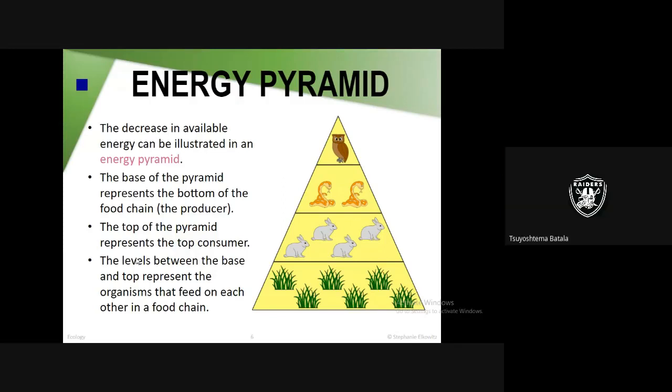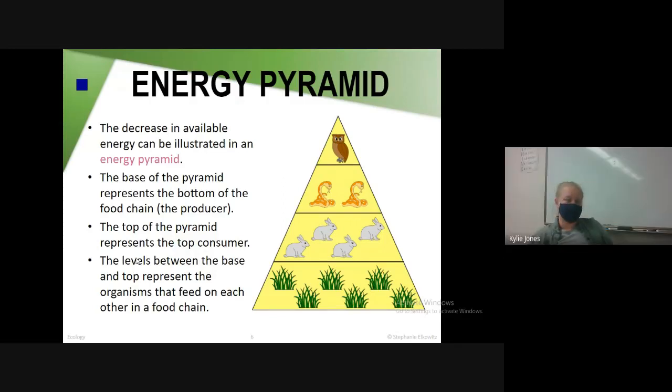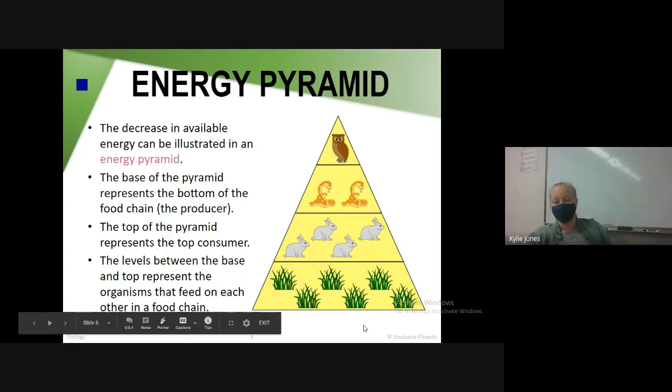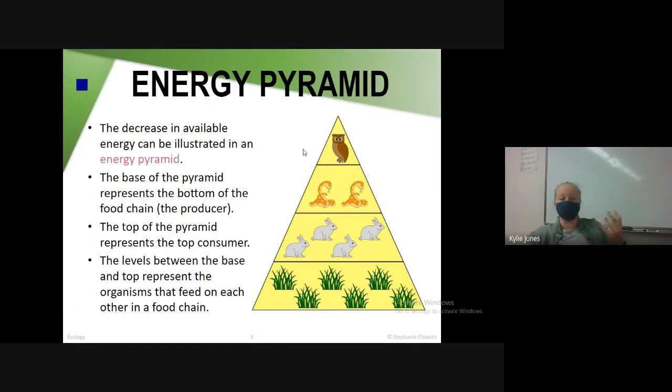All right. Okay. The energy pyramid. The decrease in available energy can be illustrated in an energy pyramid. The base of the pyramid represents the bottom of the food chain, the producers, which is why the plants are all at the bottom. The top of the pyramid represents the top consumer, so the one that's at the top of the food chain.